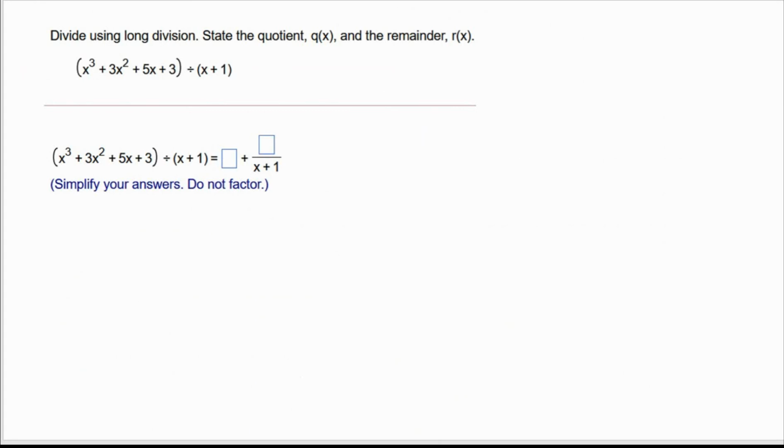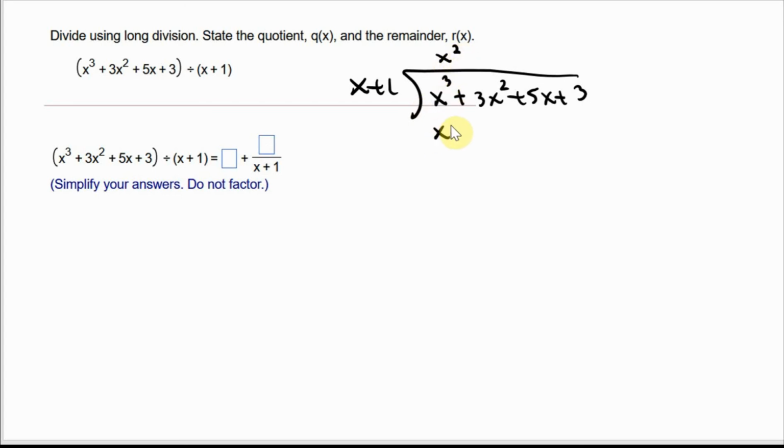Long division. So let's divide x plus 1 into here. Make sure everything is listed in descending order. Insert zeros if necessary. So x goes into x cubed, x squared times x is x cubed, x squared times the 1 is plus x squared.